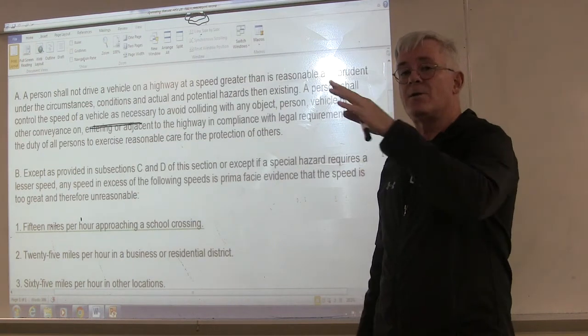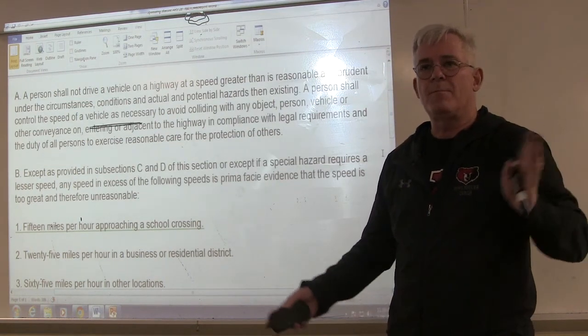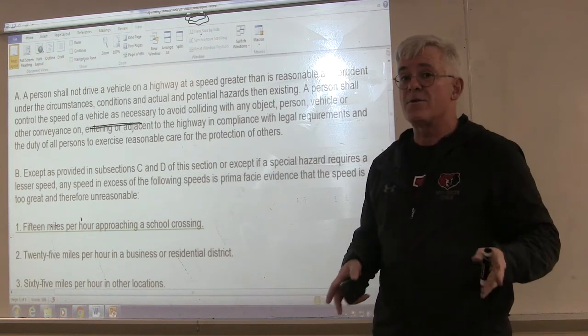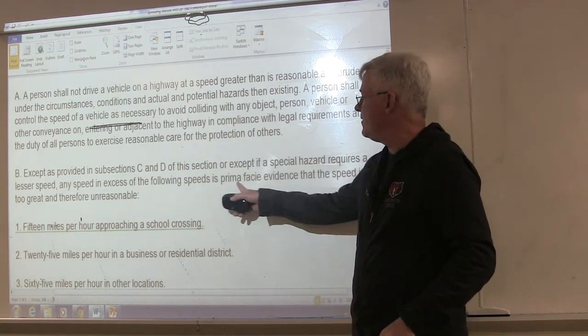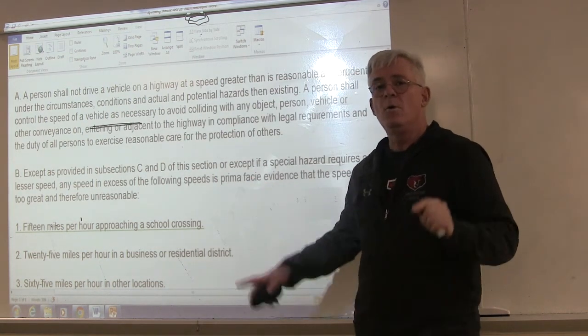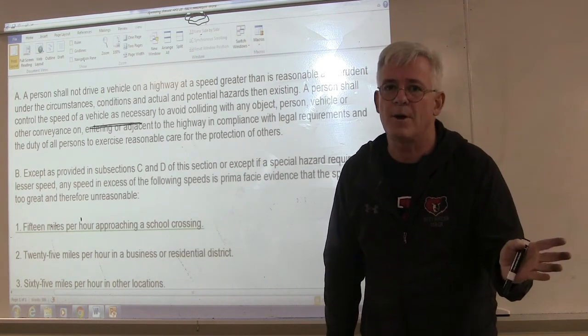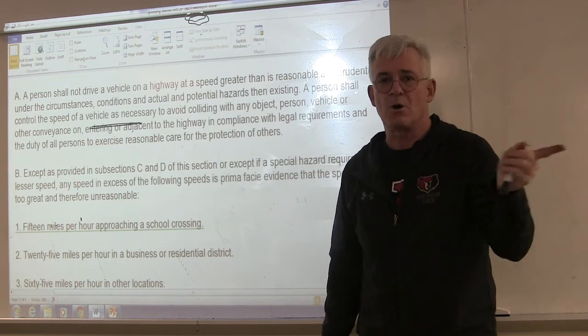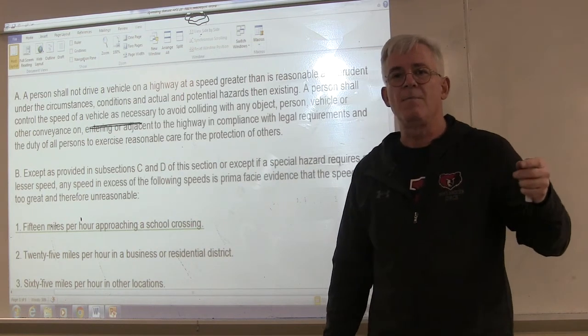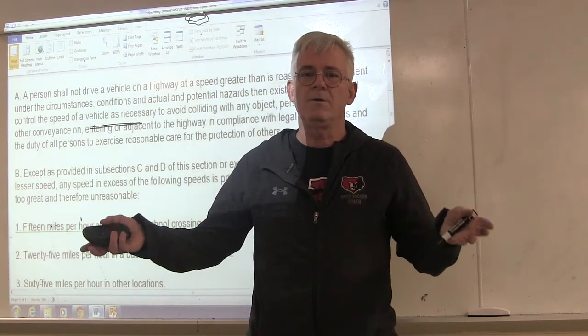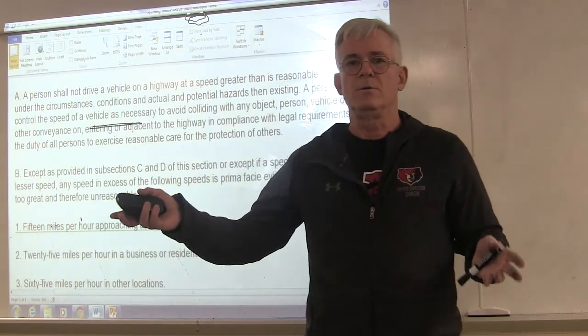Then the legislature says, all right, cop and prosecutor, I'm going to make it easy for you. If somebody was driving over the speed limit, you get the benefit of the prima facie evidence rule, which says all you have to prove to the judge, the judicial branch, is driving over the speed limit. And then the burden shifts to you, driver, defendant, to show reasonable driving.